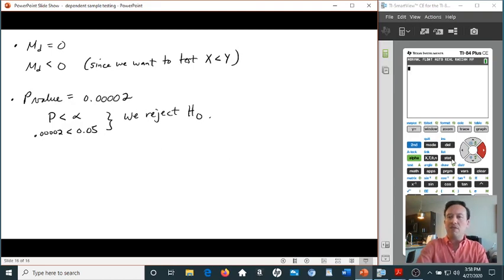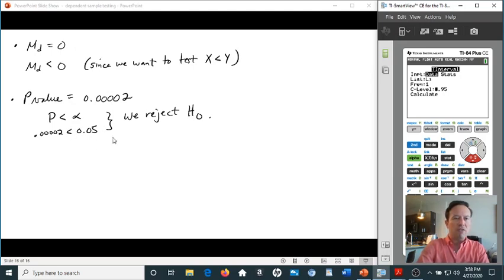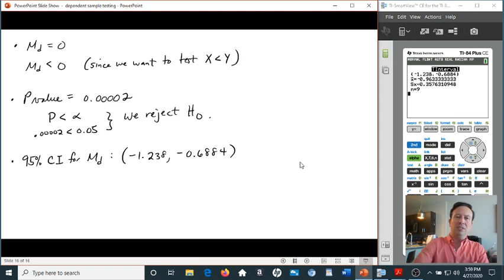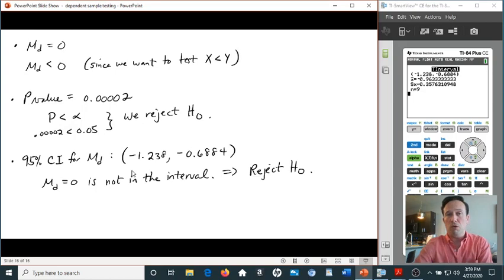Now the confidence interval, same idea. You do STAT, Tests, and number 8. The confidence level for this is also 0.95, because 5% was the error level, so 95 is the confidence level. So there is the interval that I computed. Notice this time both numbers for the endpoints are negative. The lower number is negative, the upper number is negative. 0 is not in the interval.